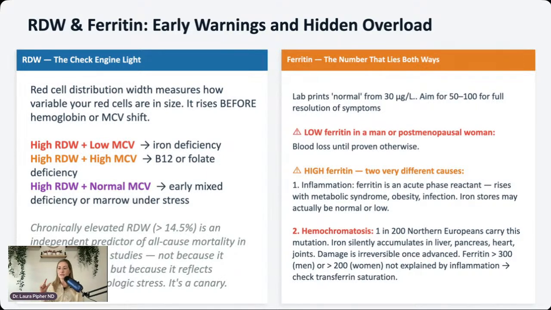This is where it becomes a little bit tricky, and we have to look at the whole picture, and make sure we've really crossed our T's and dotted our I's, because we need to be able to differentiate what is going on. I find this hardest in women who have a period, because usually those women don't have a really high ferritin to start. And so maybe their true ferritin is like 5, but it goes up to 45 with inflammation, making us feel like it's normal, but it's actually just a crap ton of inflammation.